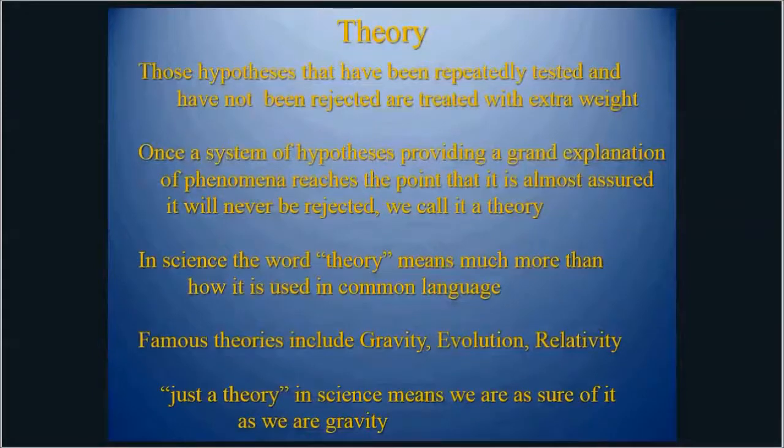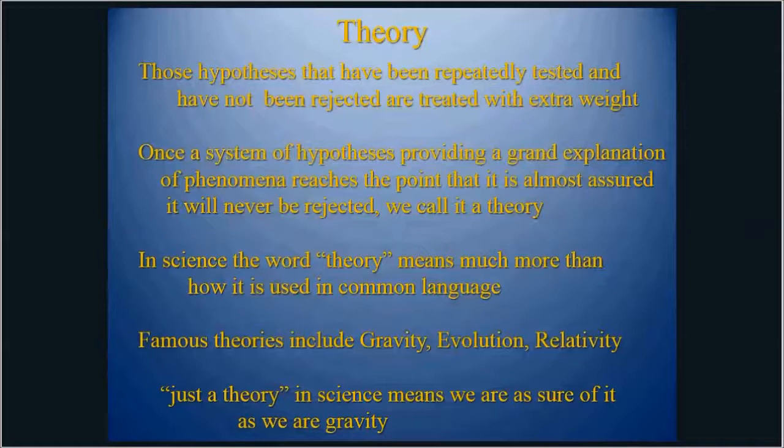A scientific theory is a set of hypotheses that have been repeatedly tested over and over and over again and have not been rejected, and they're treated with extra weight. So once a system of hypotheses providing a grand explanation of a phenomenon reaches the point that it is almost assured it will never be rejected, we call it a theory.